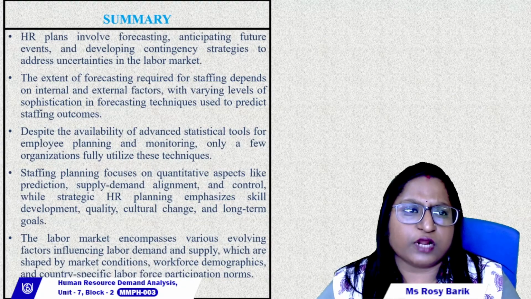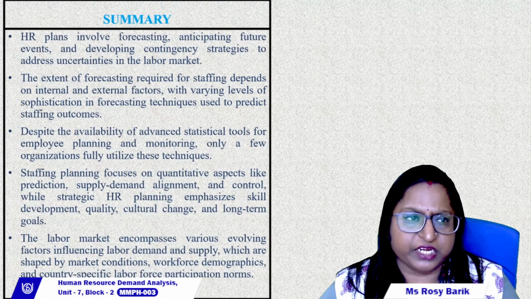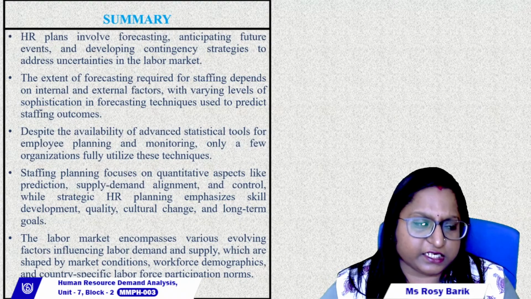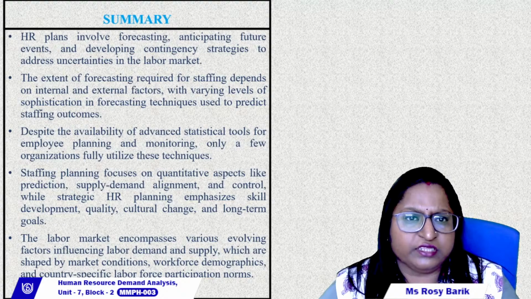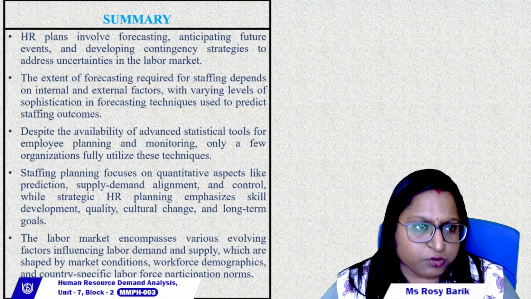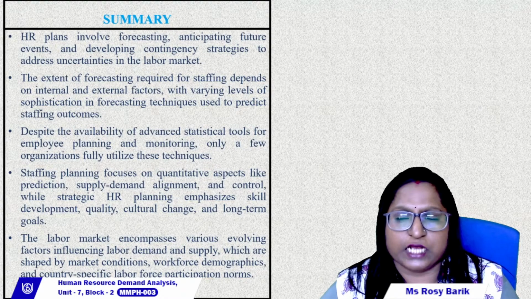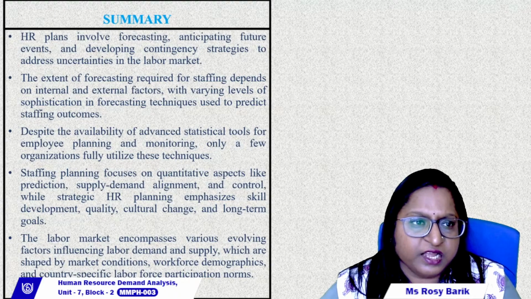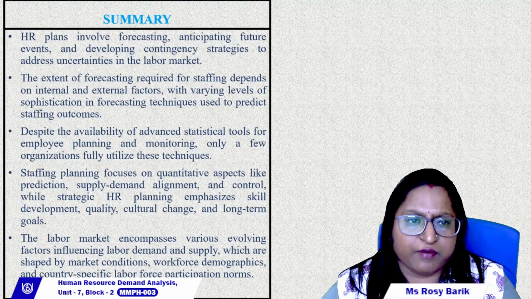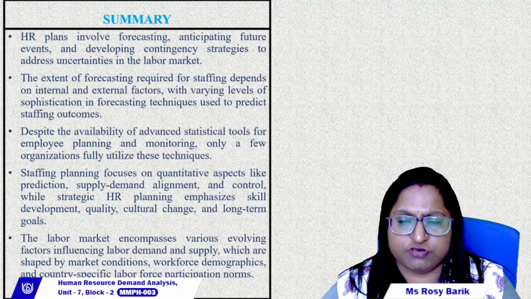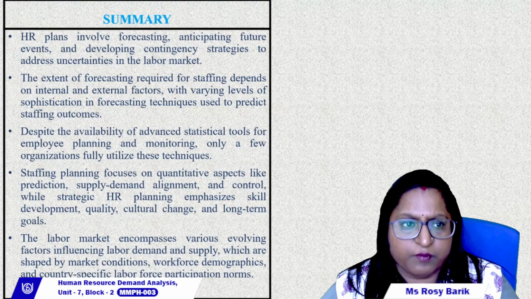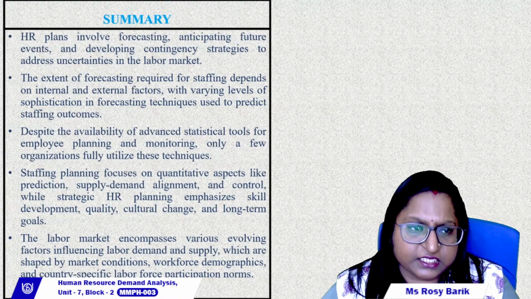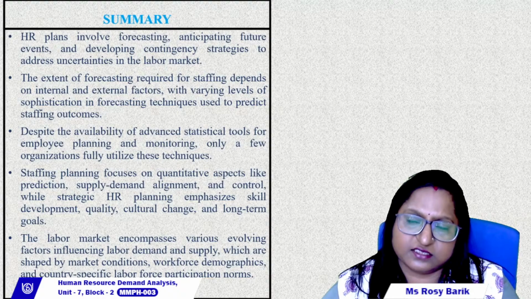The extent of forecasting required for staffing depends on internal and external factors, with varying levels of sophistication in the forecasting techniques used to predict staffing outcomes. Despite the availability of advanced statistical tools for employee planning and monitoring, only a few organizations fully utilize these techniques.